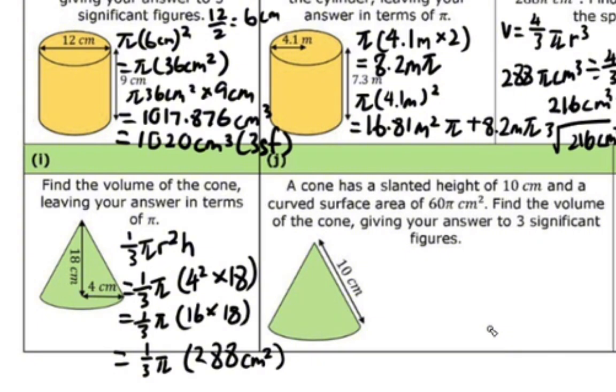Question J. A cone has a slanted height of 10 cm and a curved surface area of 60 pi cm squared. Find the volume of the cone, giving your answer to 3 significant figures.